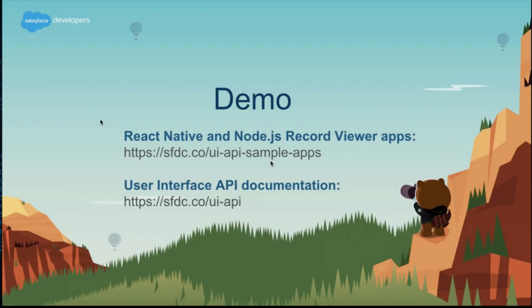Another question we have here is, is there any overlap between the UI API and the mobile SDK? I wouldn't necessarily call it overlap. Our mobile SDK currently supports the existing API that you would use to build mobile apps.